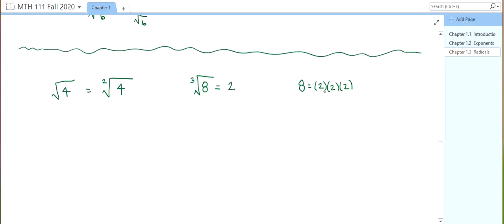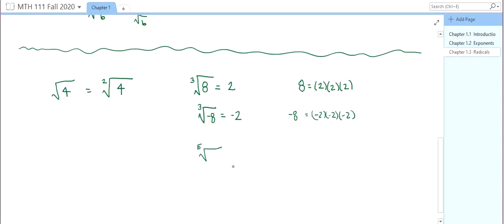Now notice in this case, it is just a single value because minus 2 times minus 2 times minus 2 actually equals minus 8. So cube root of minus 8 actually equals minus 2. So these are different things. And you can have any number up here in your radical.